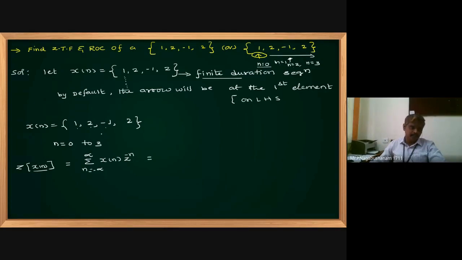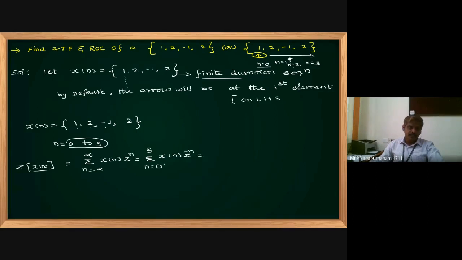But in our given problem, n is a finite value. Instead of minus infinity to plus infinity, n is 0 to 3, because the given sequence exists only from 0 to 3, so the summation limits change. Summation n equal to 0 to 3 of x of n z power minus n.